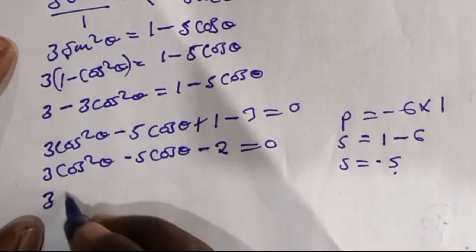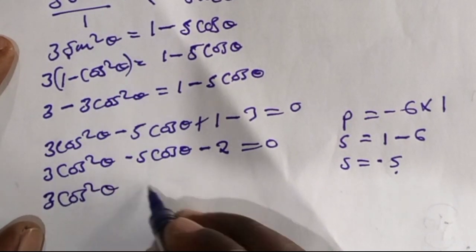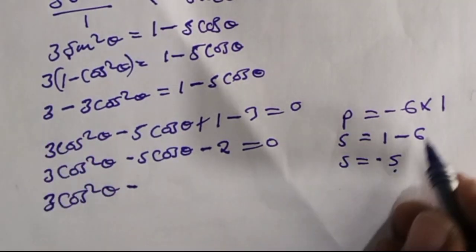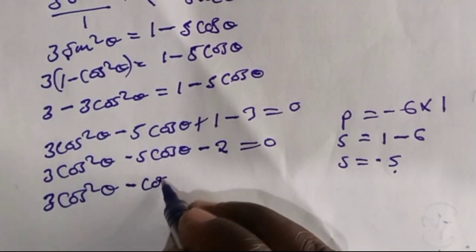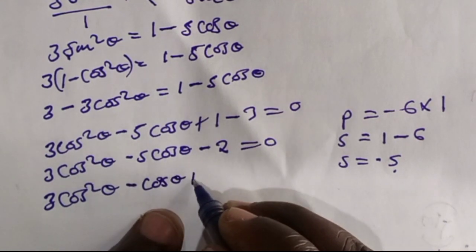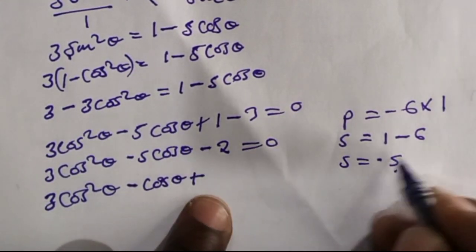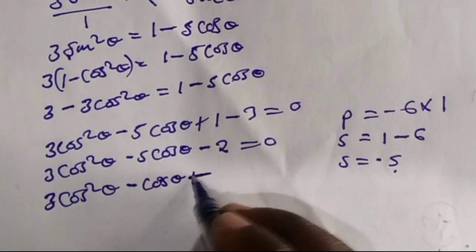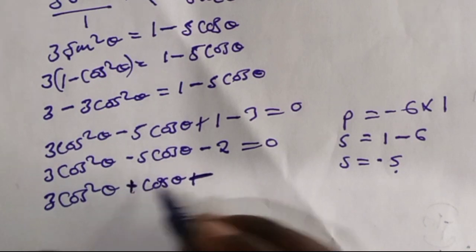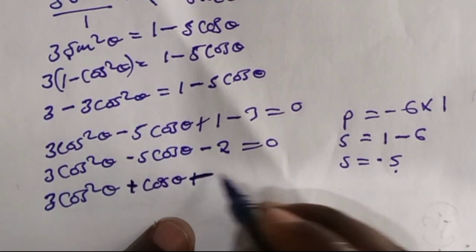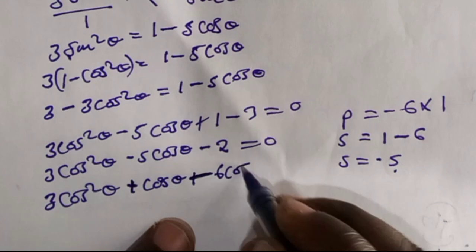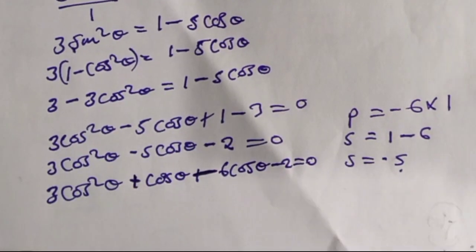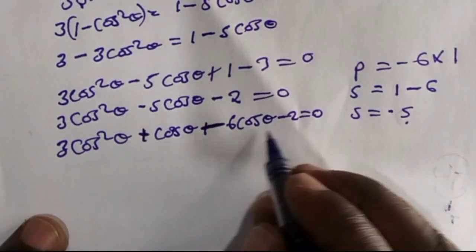So 3 cos squared theta minus, where there is the 1, cos theta, then plus, here minus 6 cos theta, then minus 2, equals 0, right? Then you have to factorize now.